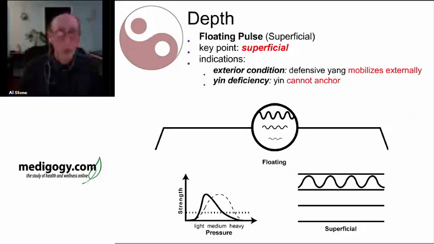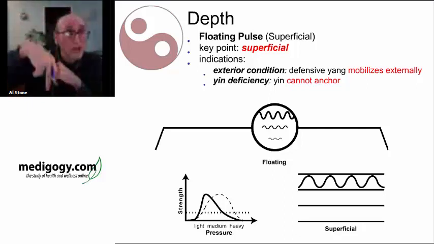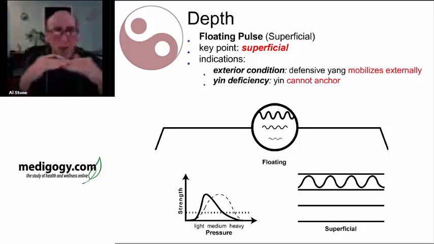Now what we get into is all of those pulses that we learn and that are on everybody's test. And what I would like you to pay attention to is the different colored text, because what I intend on doing with the color in these slides is connect the dots, basically. So a little while ago I said superficial means a deficiency of down because it's rising up, a deficiency of yin, or else it's the defensive yang mobilizing at the external.